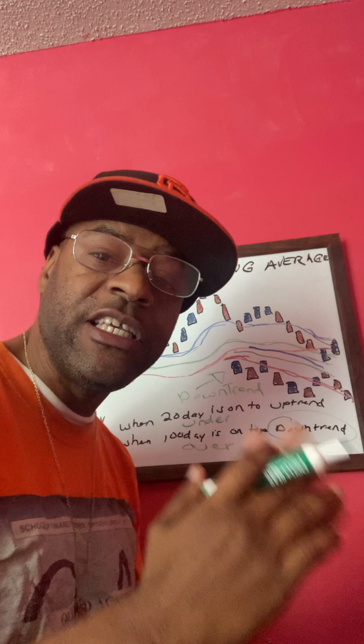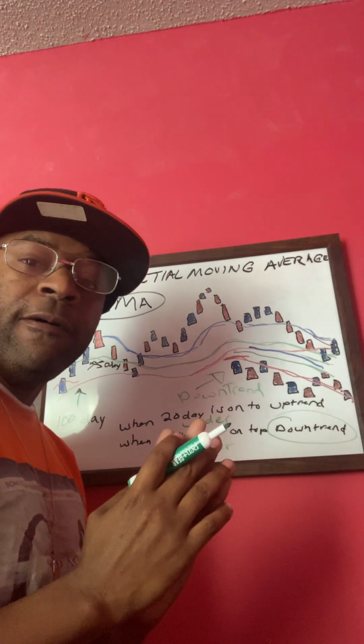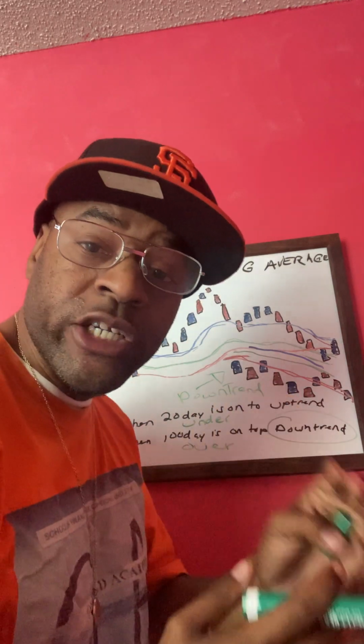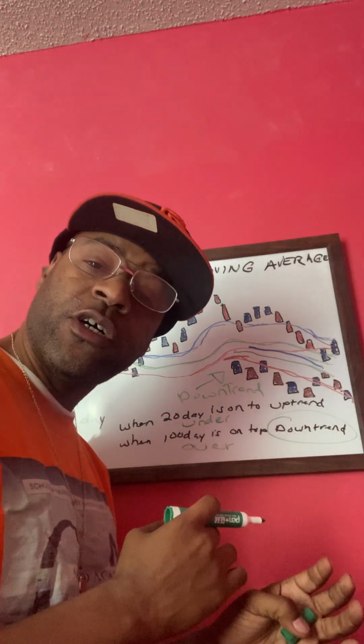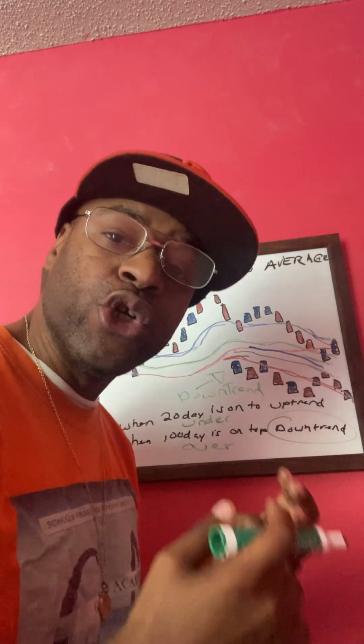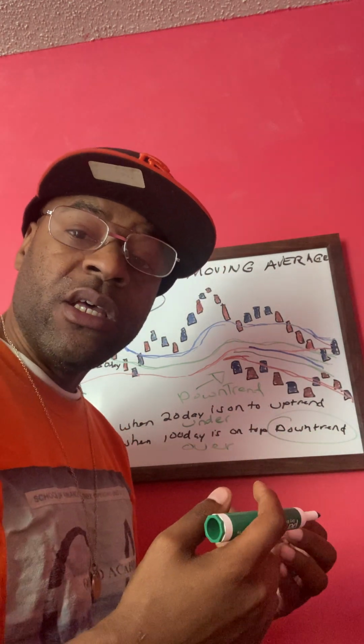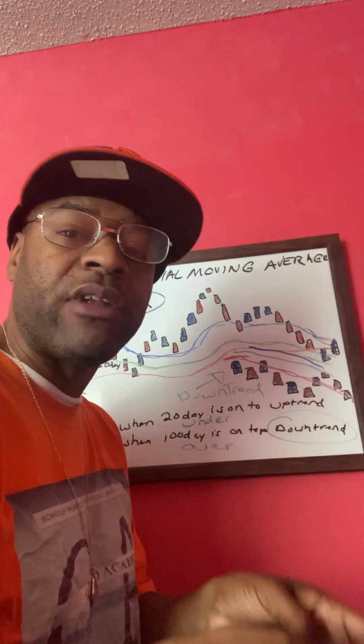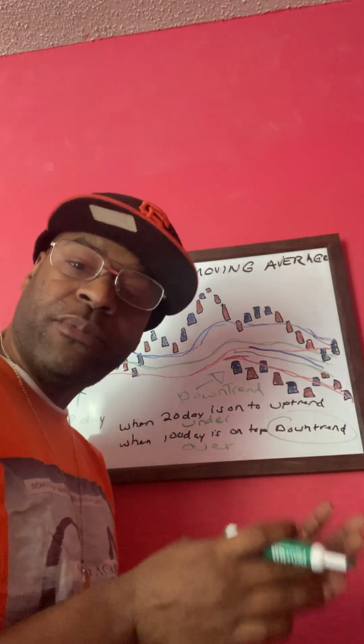the uptrend hasn't officially ended yet until the 100-day crosses over the 20-day. So until that happens, you're still bullish, meaning that doesn't necessarily mean you have to stay in a trade now. That's a whole other subject, and that's something we're going to discuss later.